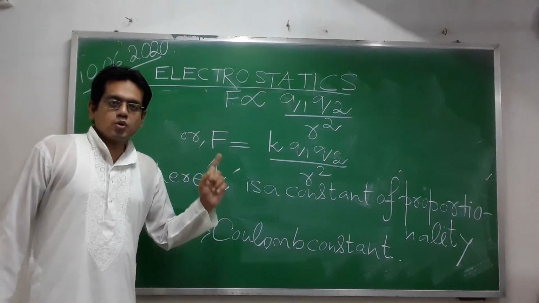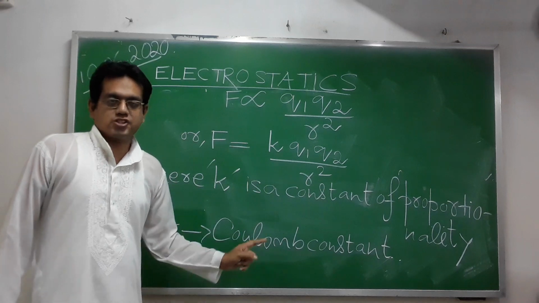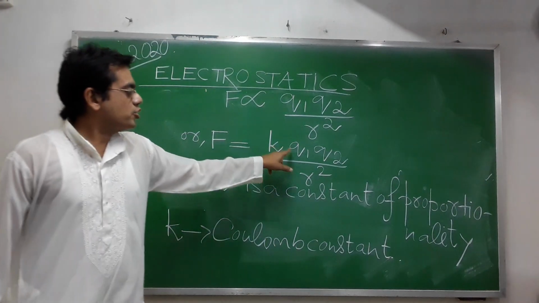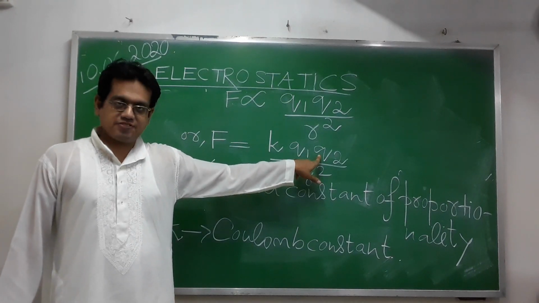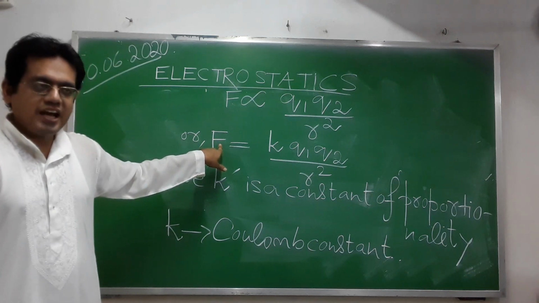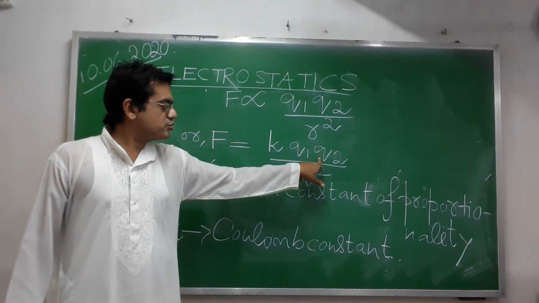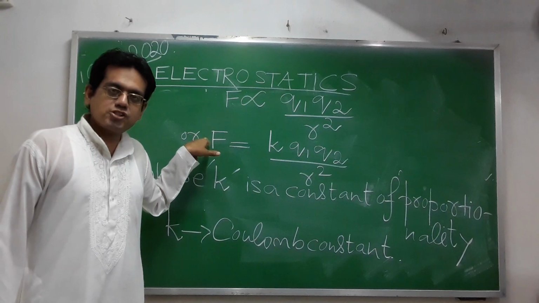Now let me tell you one more thing, students. F stands for the force of attraction. Suppose over here Q1 is positive and Q2 is negative. So there will be a force of attraction. If Q1 is positive and Q2 is positive, then there will be a force of repulsion.